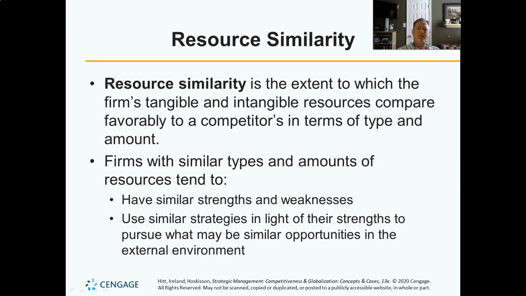So with regards to resource similarity, if you've got the same types and amounts of resources, you tend to have the exact same strengths and weaknesses. So it's pretty easy to figure out your competitors when you have exactly the same stuff, right? They're just like you. What you don't know is what their strategy is going to be, and you don't know where they're going to try to go as a company.